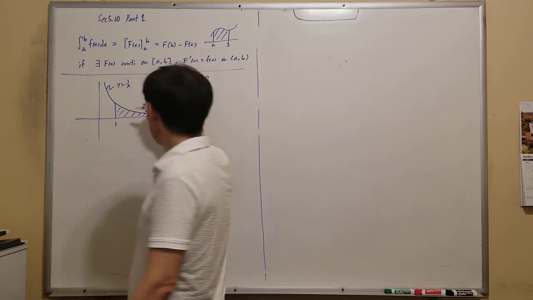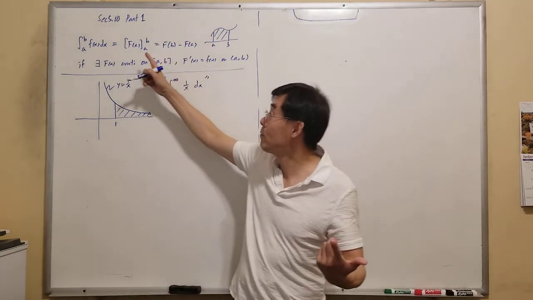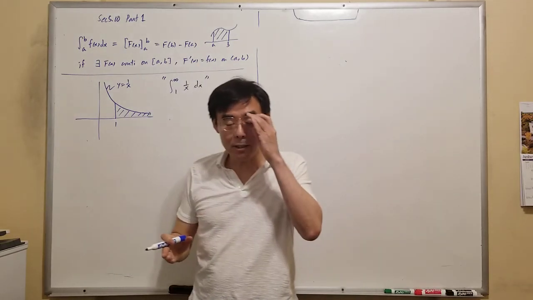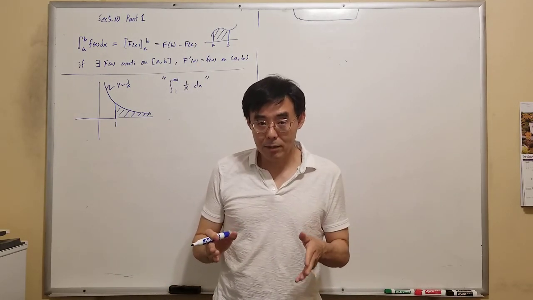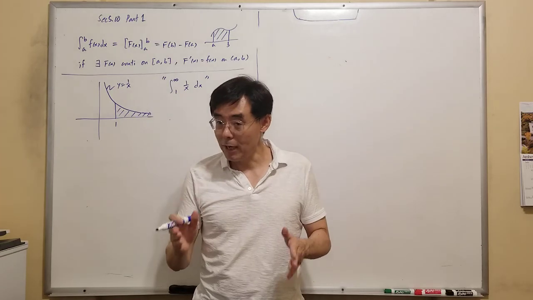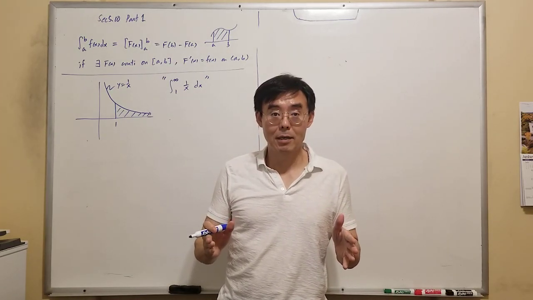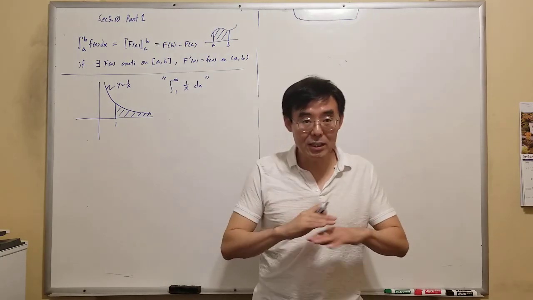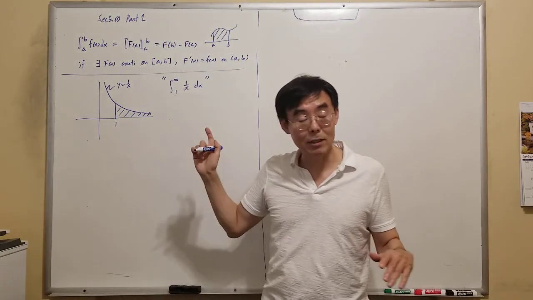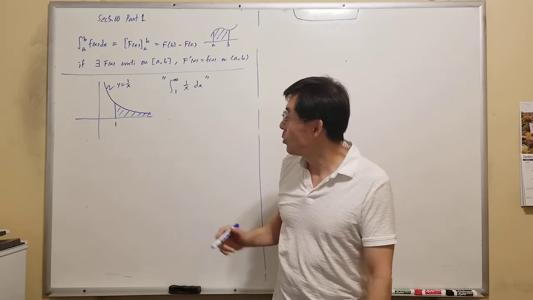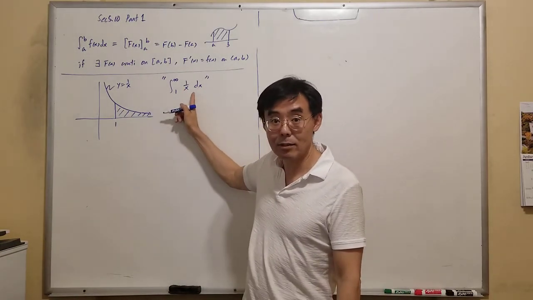Now, we cannot define this one, because from the beginning, your definite integral was defined for a function which is defined from a to b on a finite interval. From the beginning, we excluded this case from 1 to infinity. So we can't even define this definite integral.